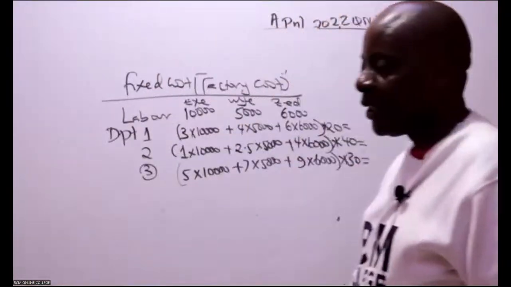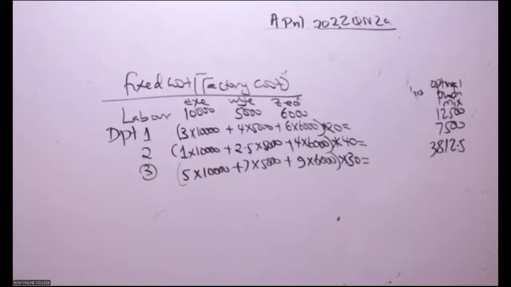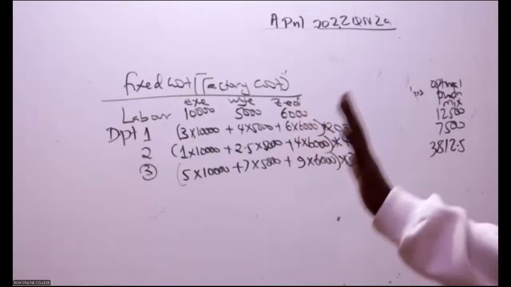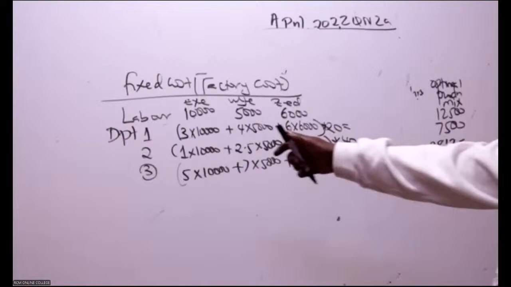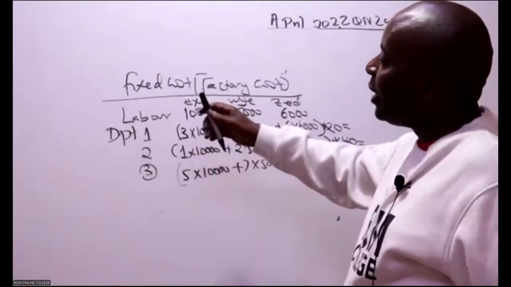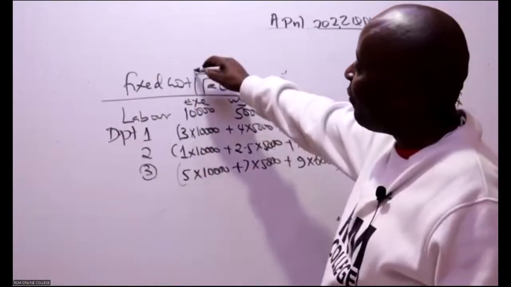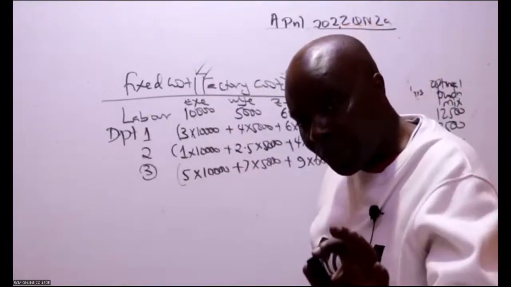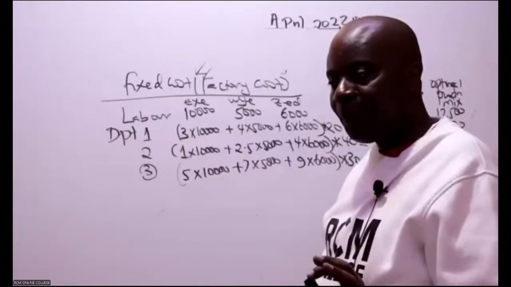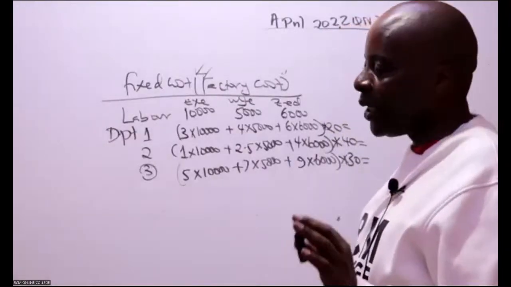Because what I'm doing, I want to get the whole departmental factory labor cost. So they've given me the labor hours per unit. And then remember that fixed costs, whenever they are not given, they shall always be computed using current output.